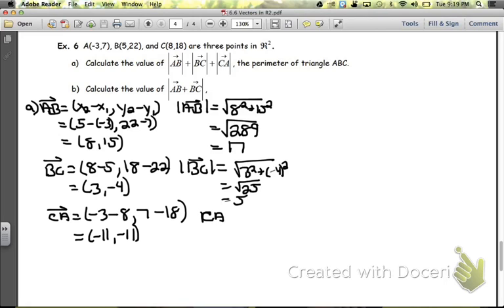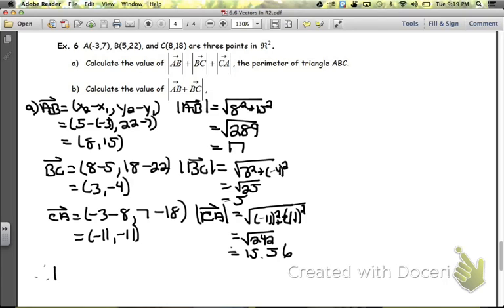So our CA, the magnitude, will be equal to the square root of negative 11 squared plus negative 11 squared, which will just be equal to the square root of 242, which when we calculate, is approximately 15.56.